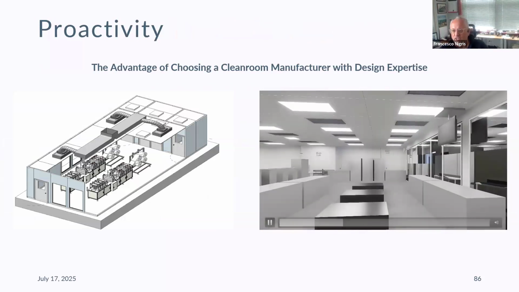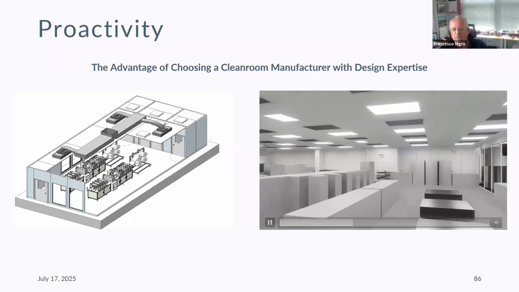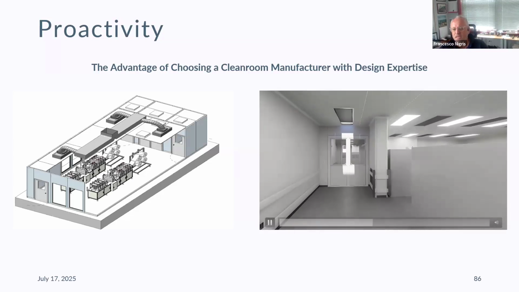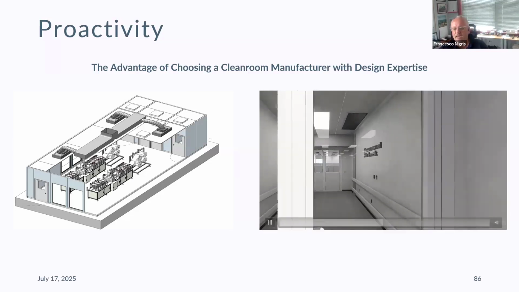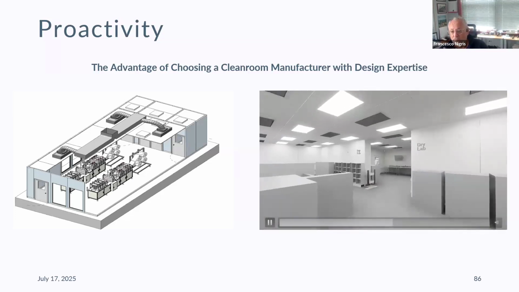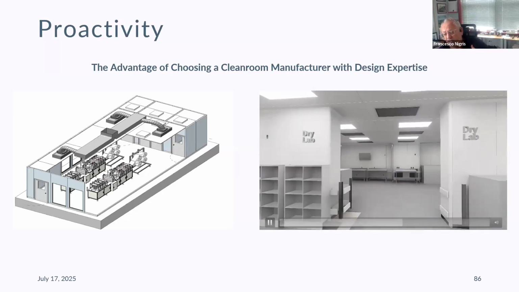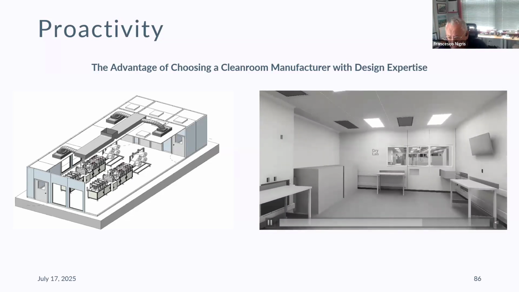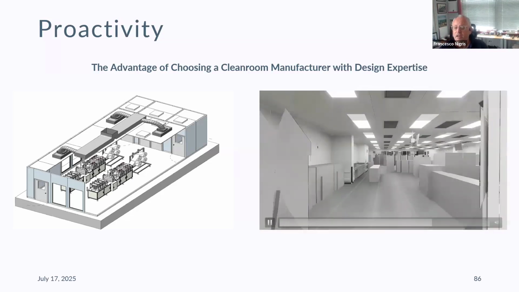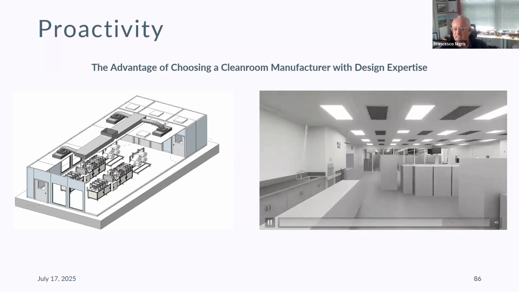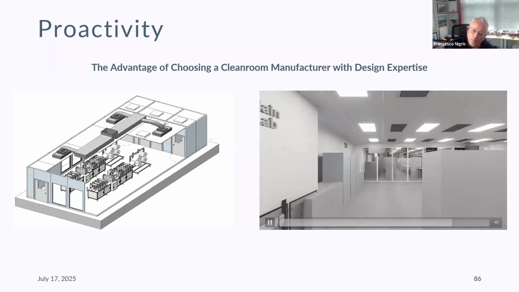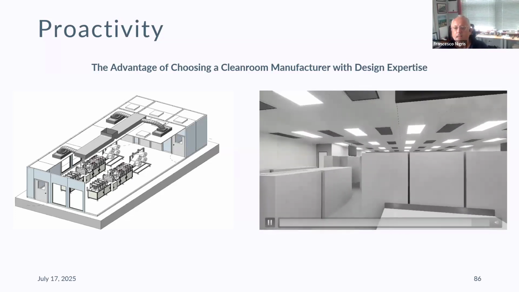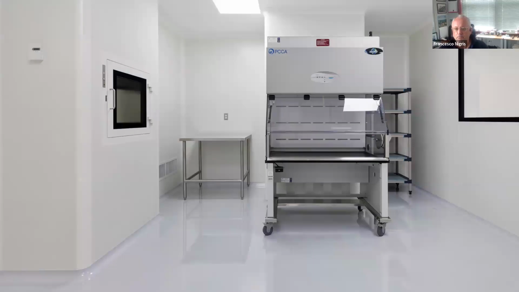Maybe the need of your project is selling it to your upper management, and having a supplier that can provide you something like this, maybe even helping you in selling it, not as part of selecting us versus somebody else, but selling to the upper management that this is the clean room we need, because look at how nice this is and how bad our existing environment looks. And these are some pictures.